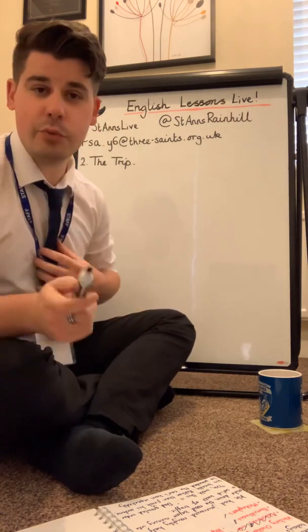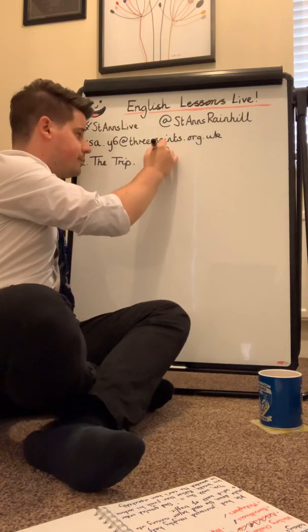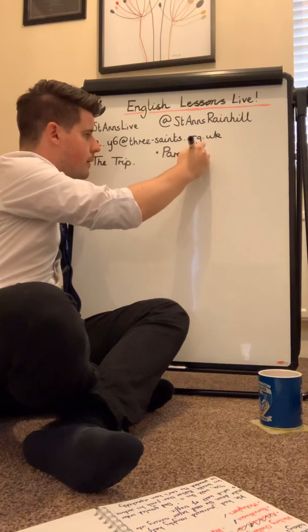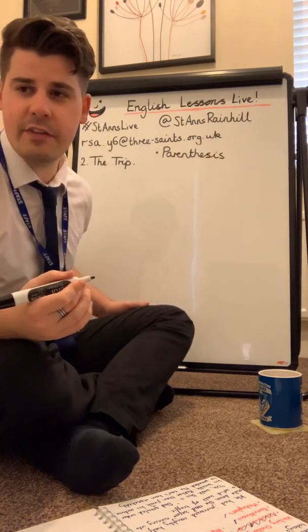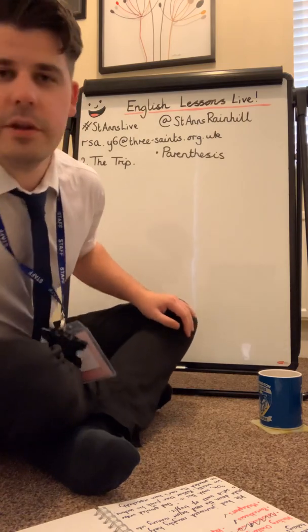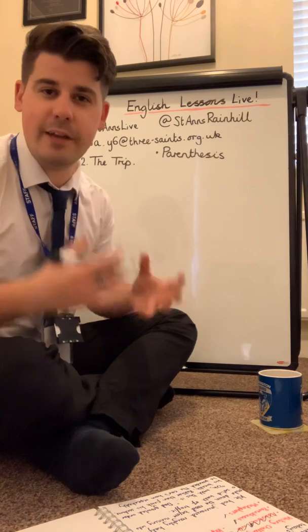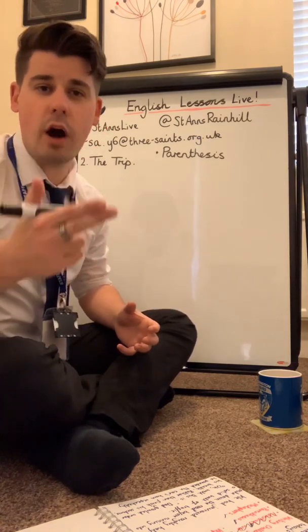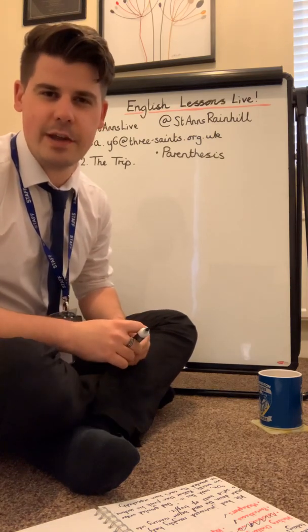I've got 3 little writing challenges for you today as well. So in today's piece of writing, we're going to try and get some parenthesis in. Okay. And then just a quick recap on parenthesis. It is the use of punctuation to add in additional information. It is the use of brackets, commas, or dashes to add in extra information.